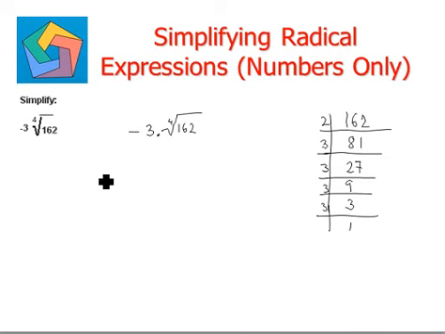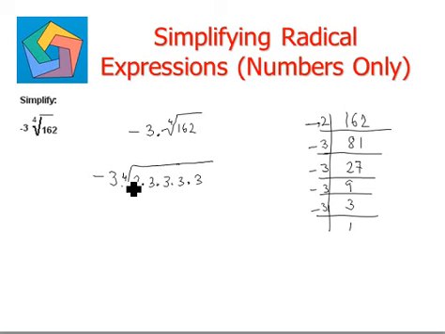So we have negative 3 fourth root of, we list down all the factors, 2 times 3 times 3 times 3 times 3. That is all the 4 3's.